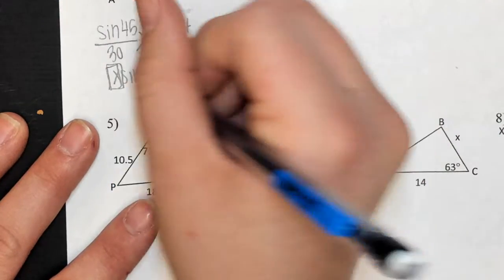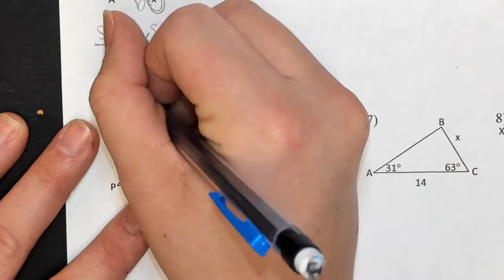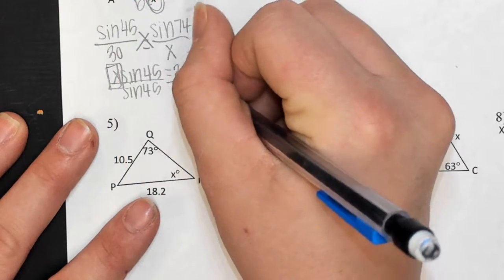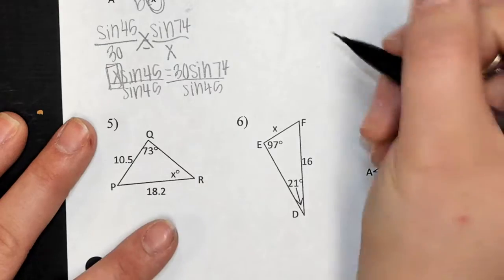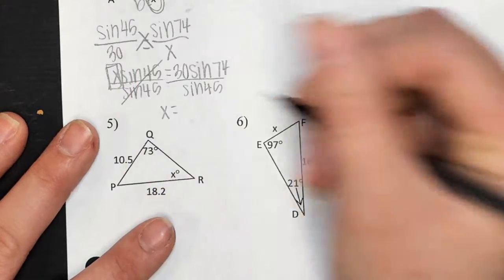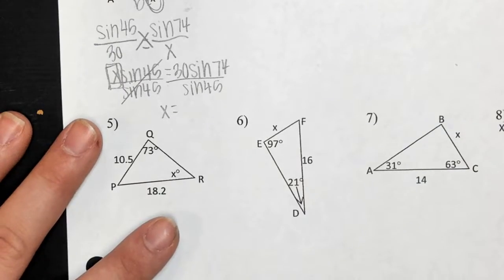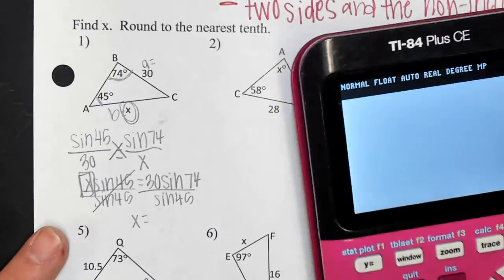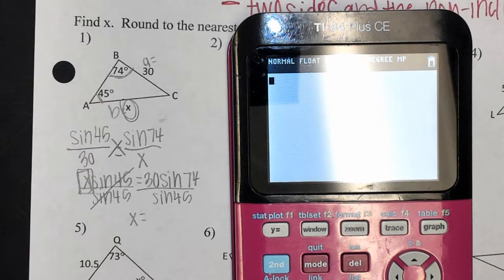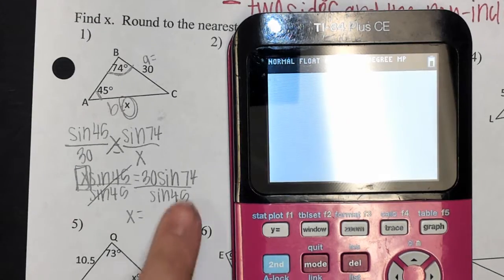X. So divide by sine of 45. This cancels out. Am I finding an angle or a side? I'm finding a side. So do I need to use inverse? No.